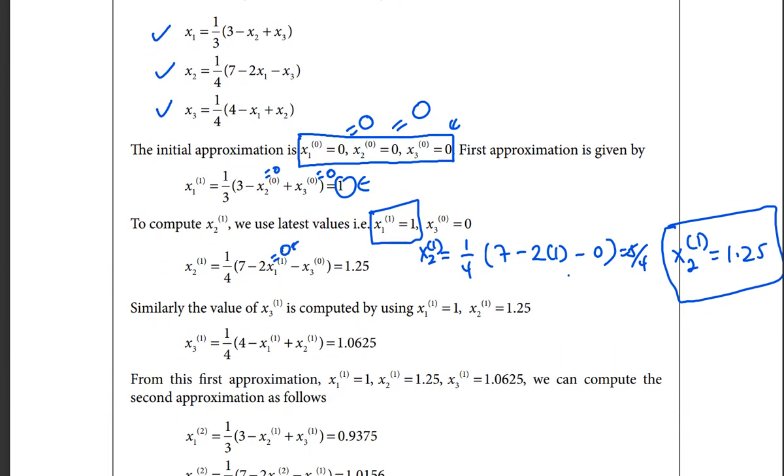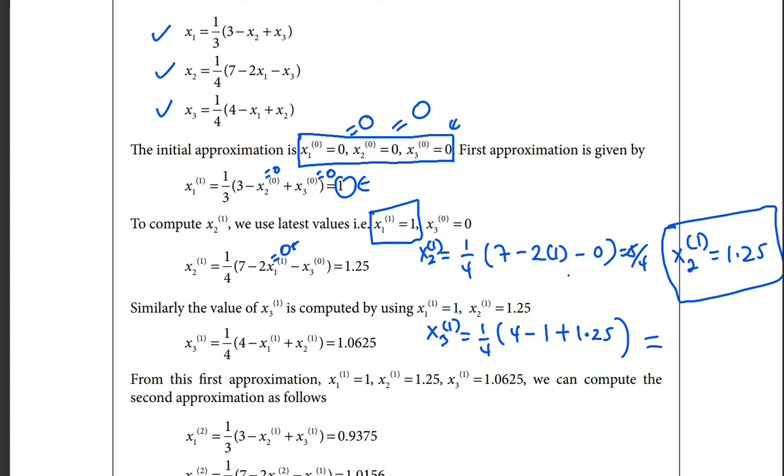Now if you want to find x3, the first approximation for x3 is equal to 1 over 4 multiplying 4 minus x1. We know that we're not going to use x1 as 0. We're going to use the new value, which is 1. So we have 4 minus 1, and then plus x2, which is now 1.25. We're not going to use 0, we're going to use 1.25. So let's find the value.